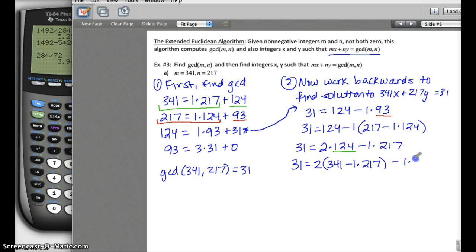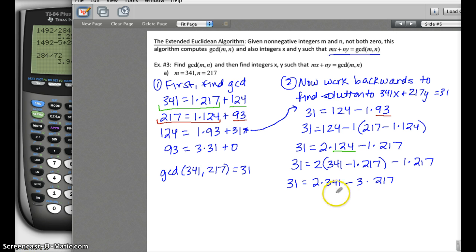I still have my minus 1 times 217 at the end. So I have 31 equals 2 times 341. 2 times a negative 1, I have minus 2 217s, minus another 1. So minus 2 and minus 1, I have minus 3 times 217.